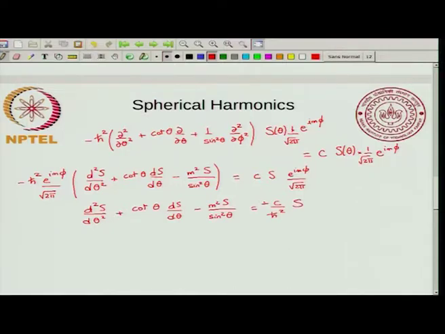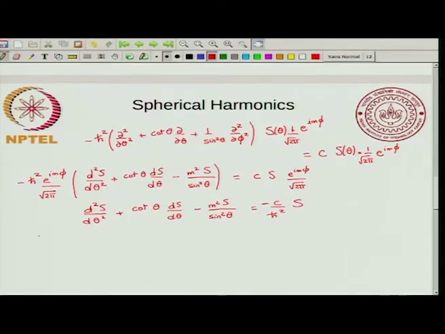And what we will do is make a change of variables. We'll change the variable because we see sine square theta appearing here and cotangent theta appearing here. We want an algebraic equation without all these sines and cosines.